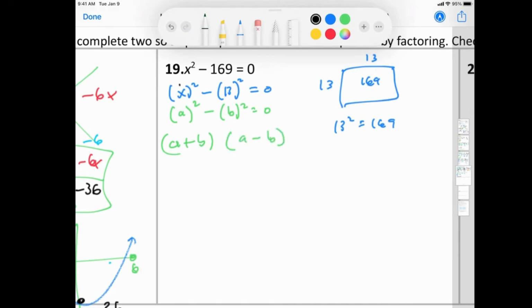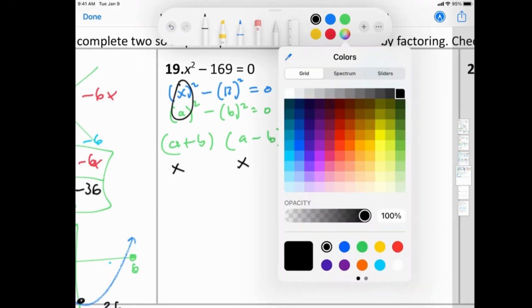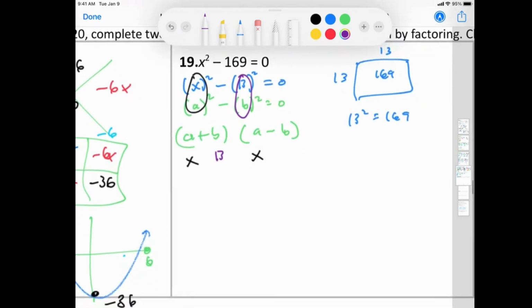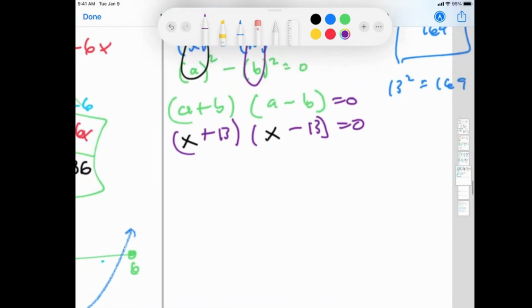So if a is equal to x, and b is equal to 13, you get x plus 13, you get x minus 13. Let's set it equal to 0 and solve.